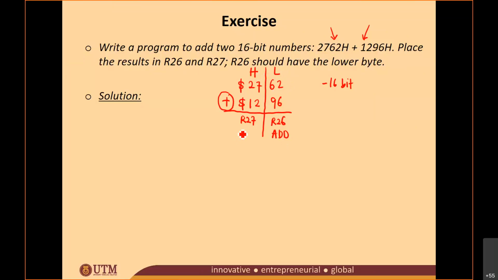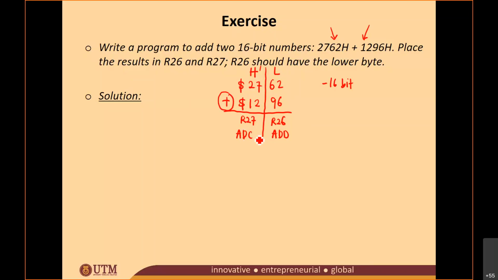You're going to use the ADC. Why? Because sometimes when you add this lower byte, it will produce a carry to your higher byte. So you need to make sure that this carry is included in the high byte addition. That's why we use the ADC.